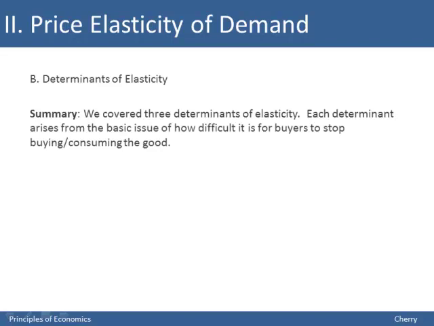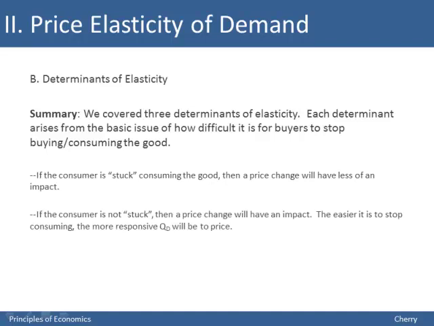So, in summary, we covered 3 determinants of elasticity, and each determinant really gets at one basic issue: how difficult is it for buyers to stop buying or consuming the good in question. If the consumer is stuck in consuming that good, then the price change will have less of an impact. If the consumer is not stuck, then the price change will have a larger effect.